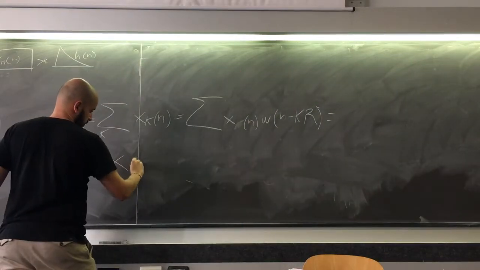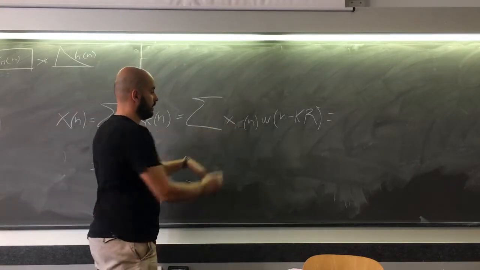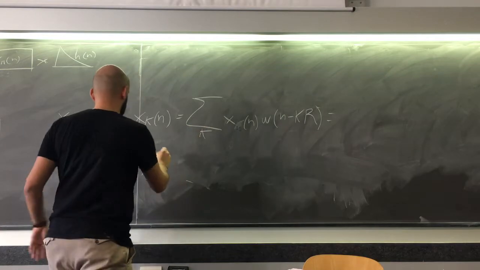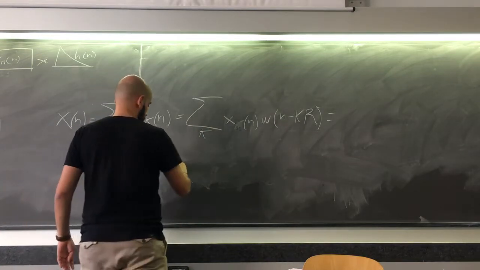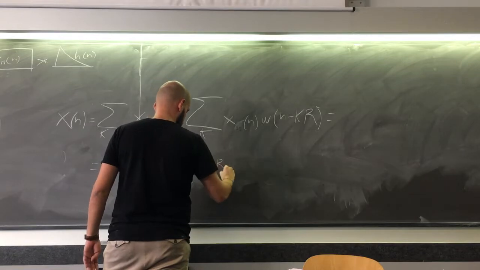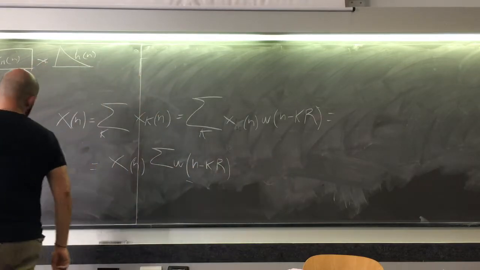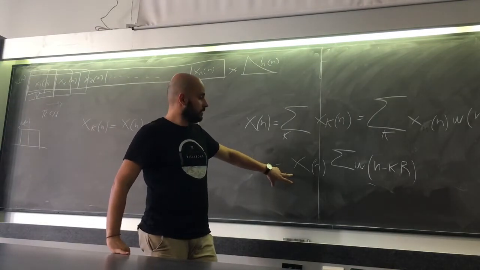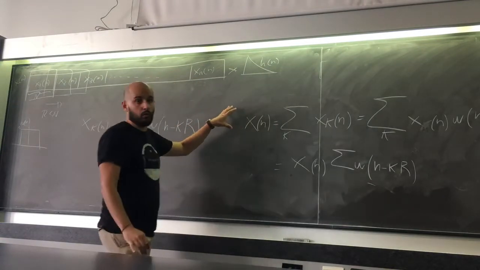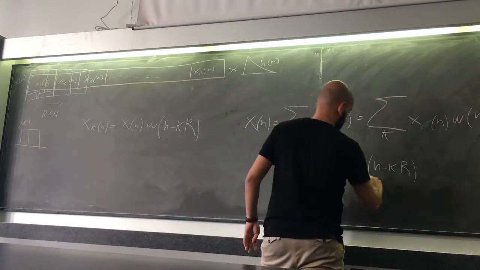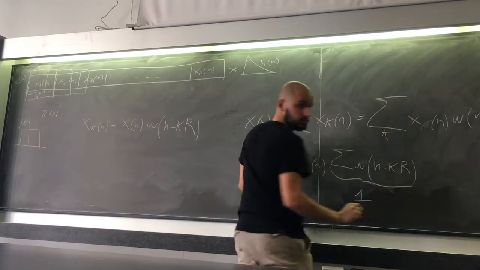You know that this doesn't depend on k. Okay, this is the signal, and we can take it out of the summation. So this is equal to this. Okay? So you see that in order for this condition to hold, what we need is this summation to be equal to 1.